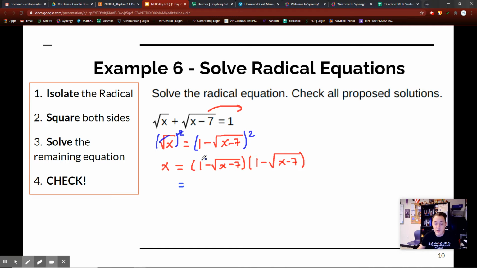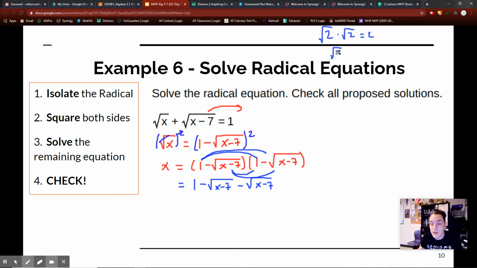So when I actually FOIL this out, I take 1 times 1 is 1. This is the exact same thing because it's just times 1, and this is the exact same thing because it's just times 1 here. And then this right here, what's a radical times a radical, especially when it has the exact same base, x minus 7? If we took radical 2 times radical 2, it is 2.